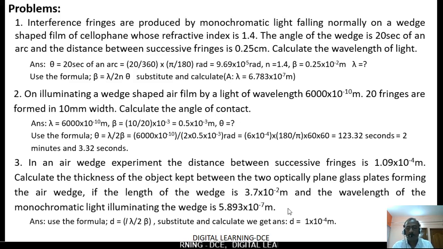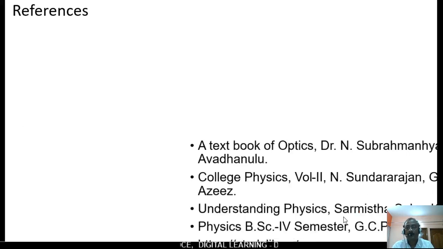For this one, we can use the formula D equals L times lambda upon 2 beta. By substituting the above data and calculating, we get the diameter D equals 1 times 10 raised to minus 4 meter. Thank you.